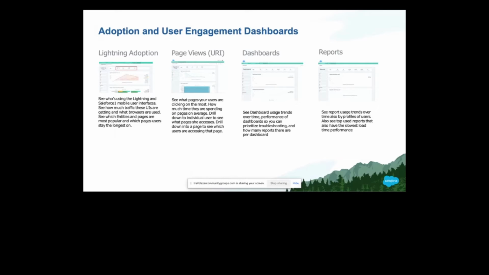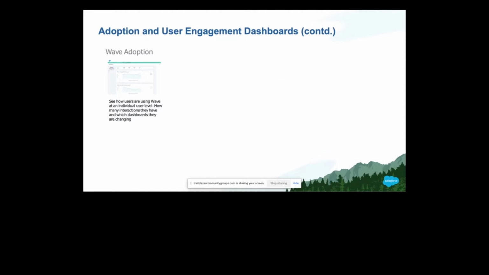The Lightning adoption dashboard gives a complete adoption rate for Lightning for all the users across the system: page views, Lightning page views, dashboards, reports. And it gives you the web adoption, which is an older one, but gives a lot of interactions about your reports, how many views, the exposure, and everything, right?